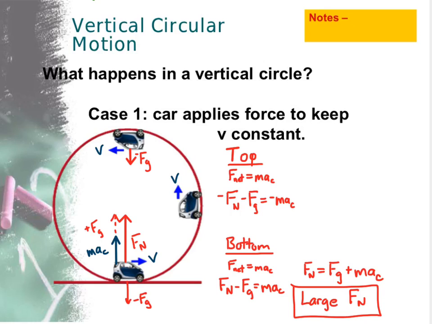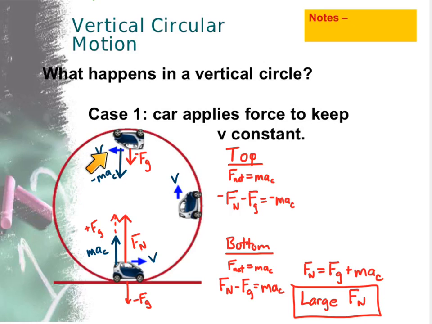My mass times centripetal acceleration is also pointing downward, so I need a negative sign in front of that. I'm not going to solve this one for net force because it's easier to visualize by looking at this equation. So we have a negative Fg right here, and negative Fn, and those two have to equal negative m times AC.